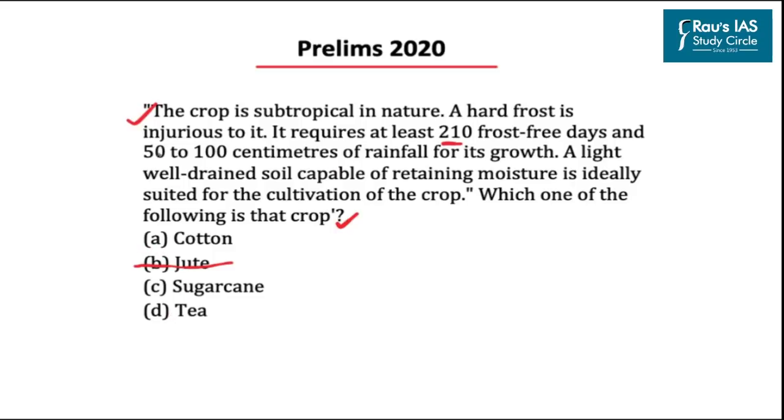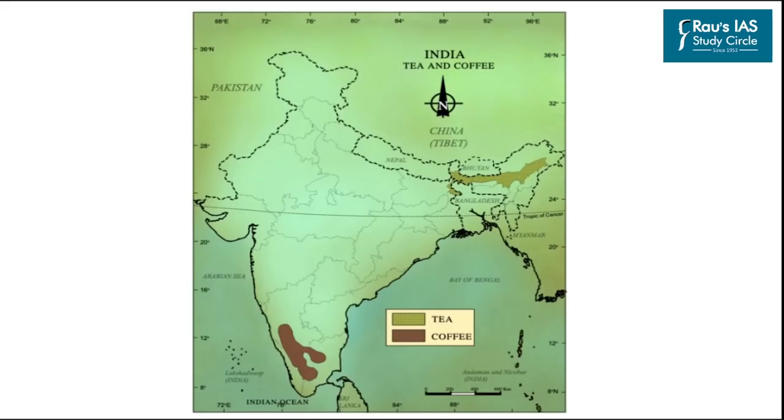Then the next statement, which is about the requirement of moisture, that is 50 to 100 centimeters of rainfall for its growth, will eliminate tea from the options. Because if you remember the distribution of tea plantations in India, it is grown in regions with more than 150 centimeters of rainfall per annum.